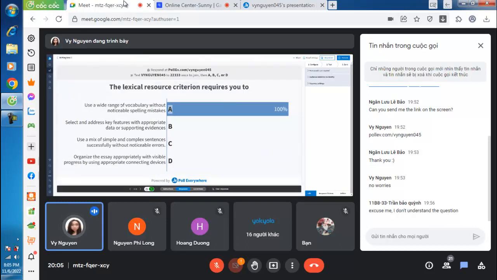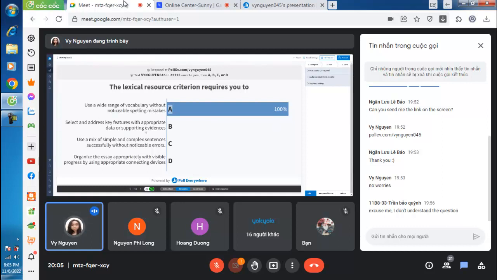The first one is task achievement. It means you need to select and address key features with appropriate data or supporting evidence. Another very important one is that you can write a clear overview for this one, right?